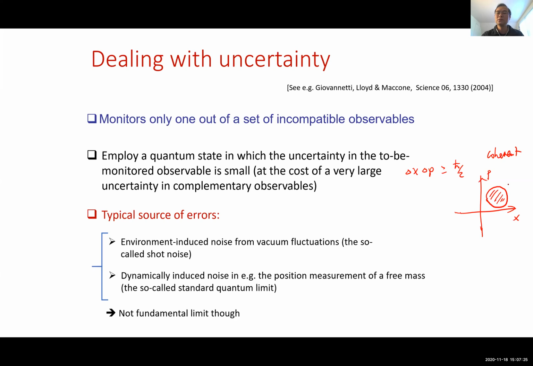Remember we showed this when we talked about the cat state using coherent states. And you could squeeze one direction, for example, to have delta x be small but delta p be bigger. This is called a squeezed state.